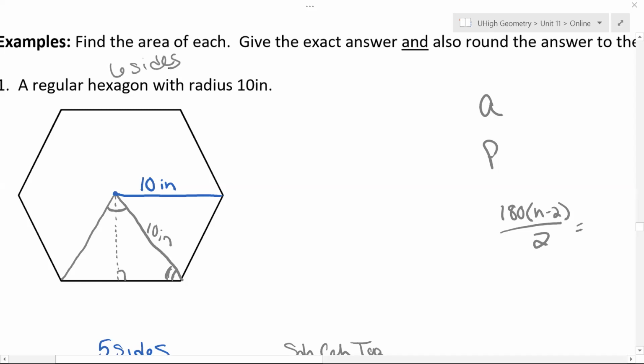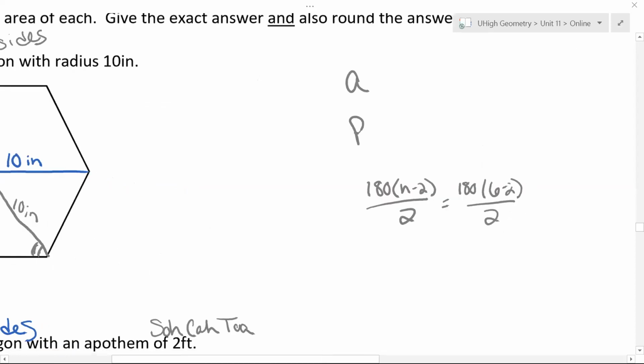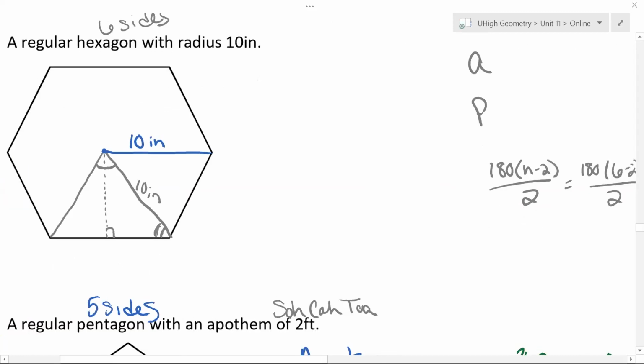So I'm going to substitute in 6 for my n. So 180 times 6 minus 2, divided by 6. So one of my interior angles is 120 degrees. So that means the whole angle here is 120 degrees. If I wanted to find just this smaller angle, that's going to be half. So this angle is going to be a 60-degree angle.